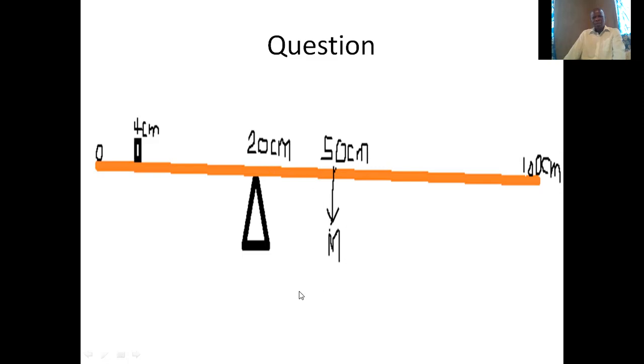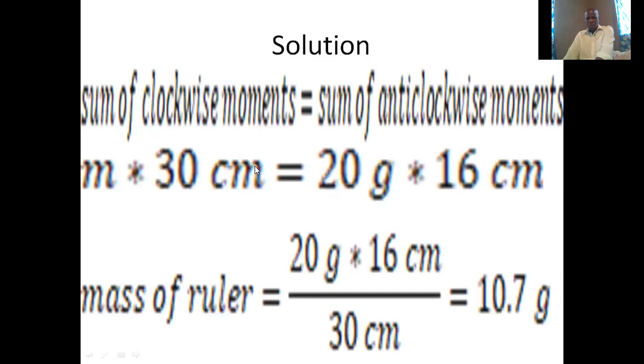This is the moment in the clockwise manner. And in the anti-clockwise manner, this object will be pulling down at a distance of 16 centimeters to the pivot, and therefore it will be the mass of this object, which is 20 grams, multiplied by 16 centimeters. And this is what we have done.